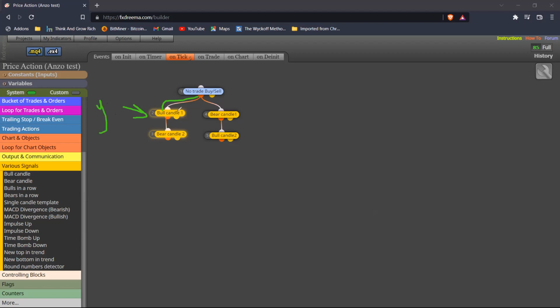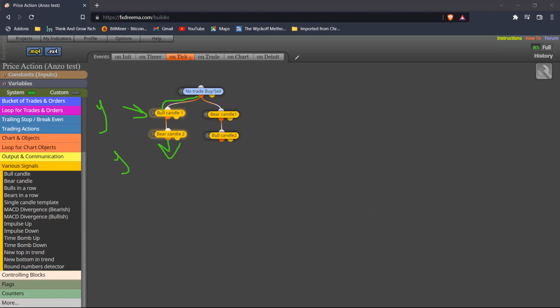If yes, it will go down again and check the next one. Is it a bear candle? If yes, it will check, is the body of the bear candle lower than or equal to 3 pips? I think that's what we set. And if the answer is yes, it will run down and check the next point.